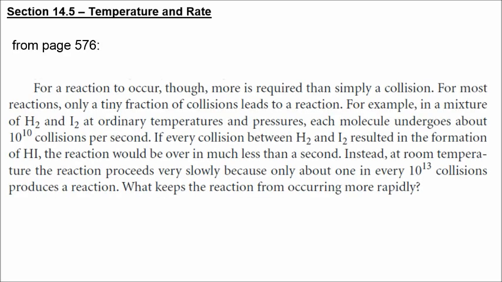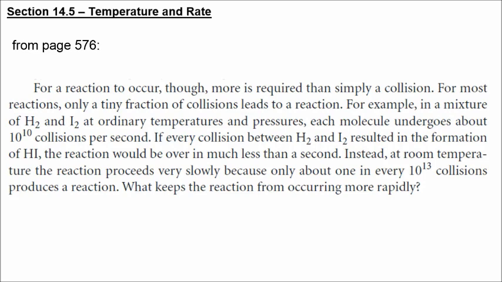From page 576, for any reaction to occur, it's not just enough to have a collision. Only a tiny fraction of the collisions actually leads to a reaction. So, for example, with hydrogen and iodine, when those molecules collide with each other, each molecule undergoes about 10 to the 10 collisions per second.